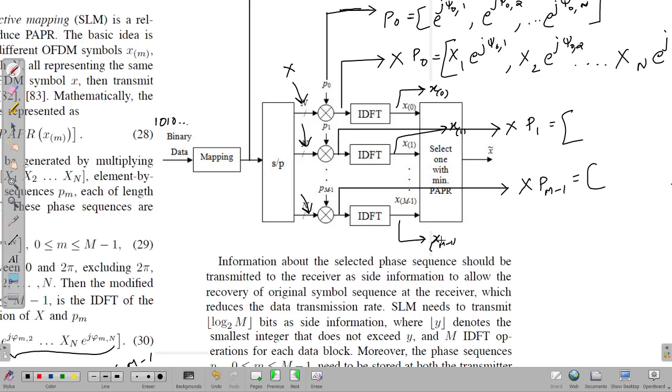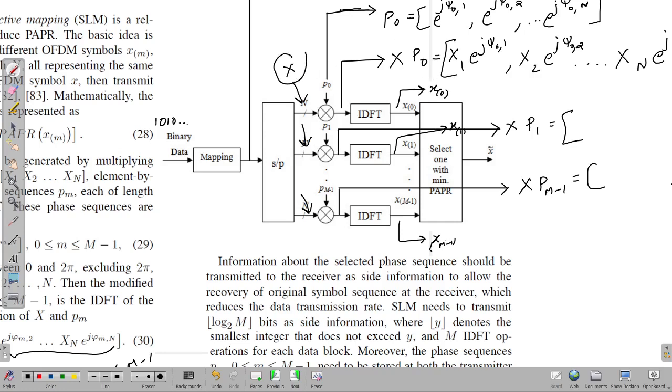Remember, this PAPR is caused due to addition of signals with the same phase at any particular time. So these phase sequences try to alter the phase of these subcarriers, and we are not sure how each phase sequence will alter each signal x.